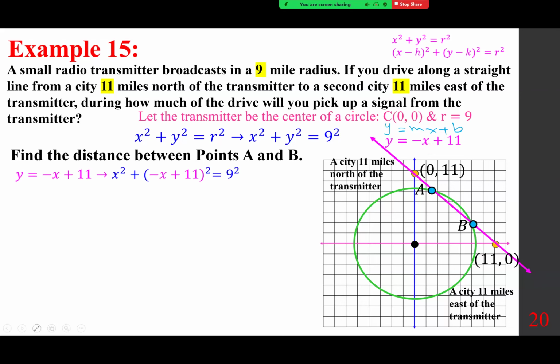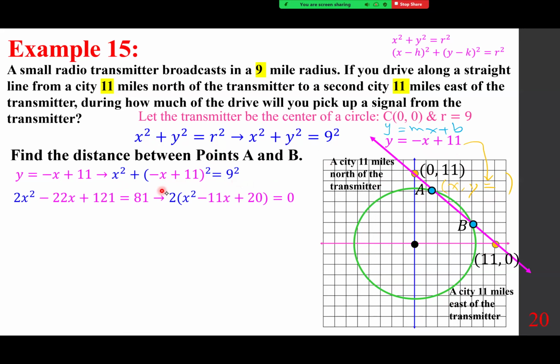So this one has coordinates (x, y), and y is minus x plus 11. If this point is on the circle, then it follows that x squared plus y squared equals r squared. So x squared plus y, which we replace again with negative x plus 11, quantity squared, equals r squared, or 9 squared, or 81. And we are going to solve for x.